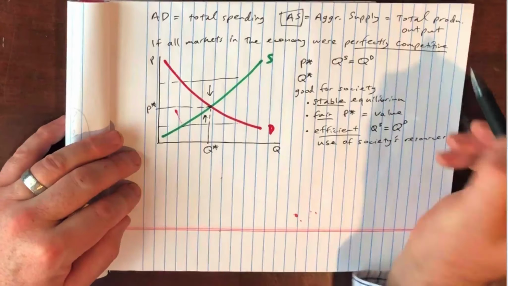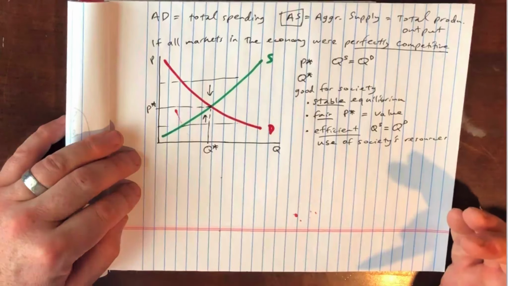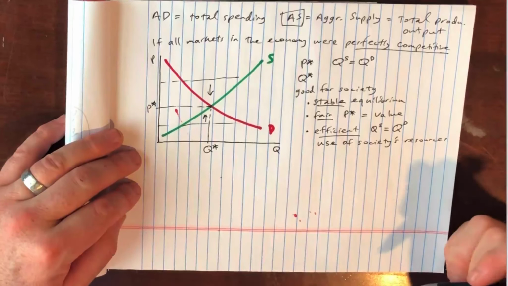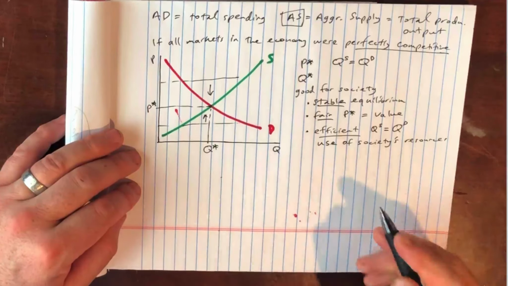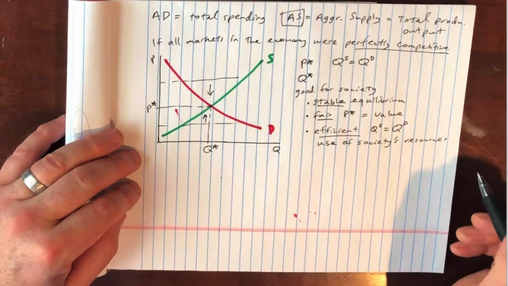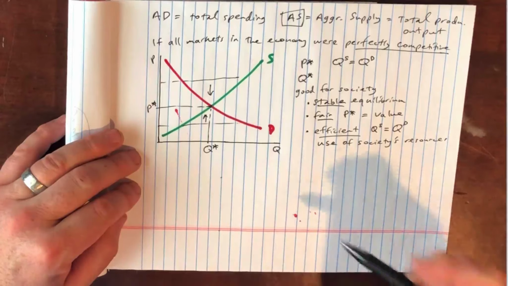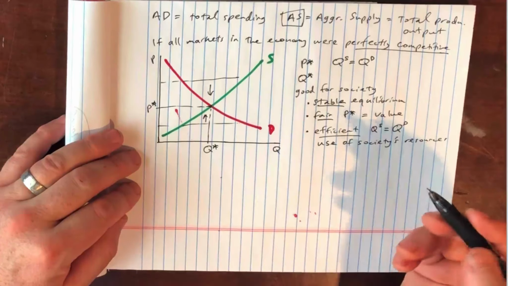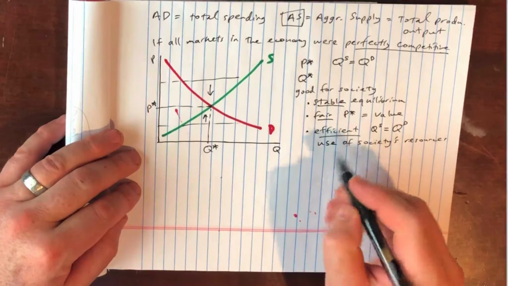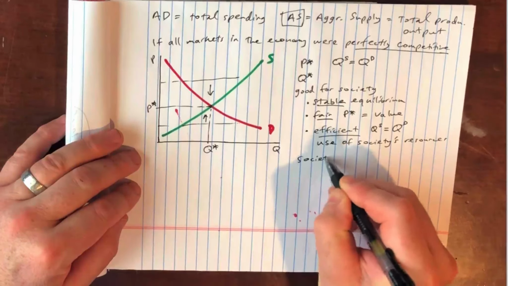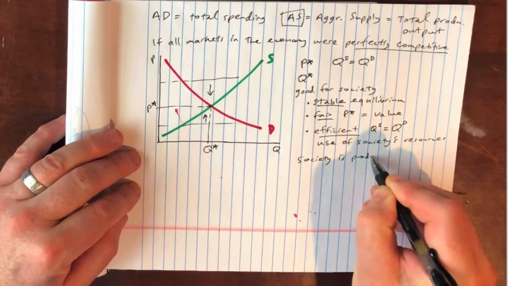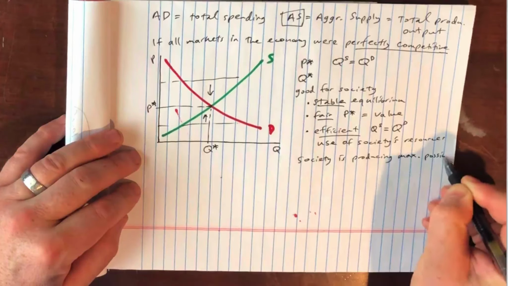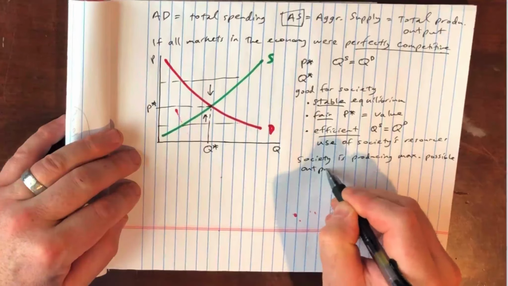Competition, perfect competition, provides incentives to push down the cost of production to as low a level as possible. And this is the argument for efficiency. So if all markets in the economy are perfectly competitive, we assume, what this implies is society is producing the maximum possible level of output.